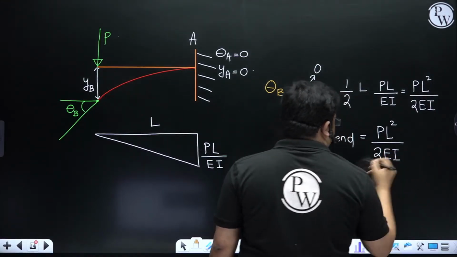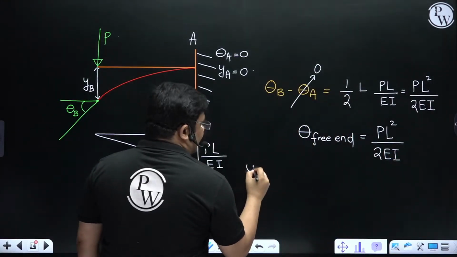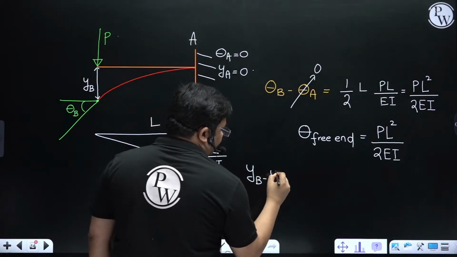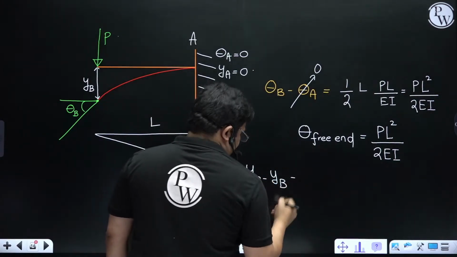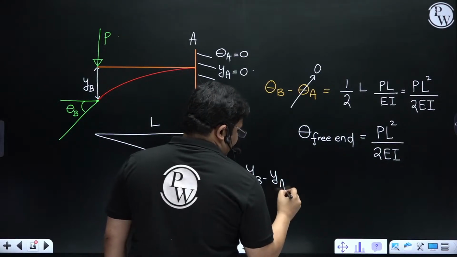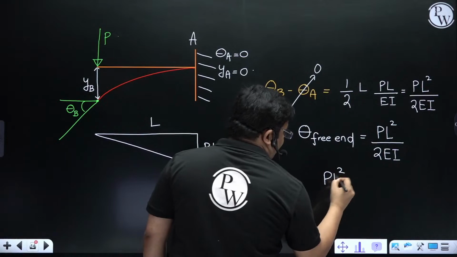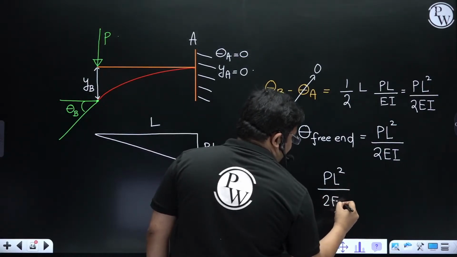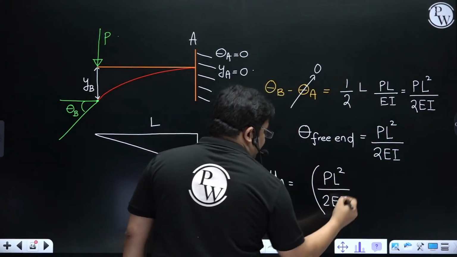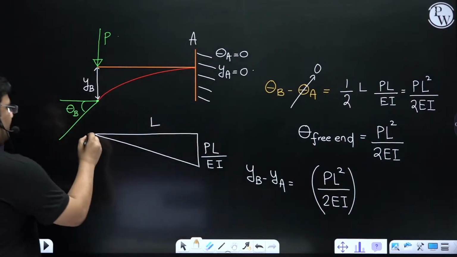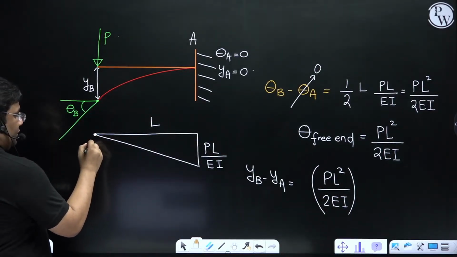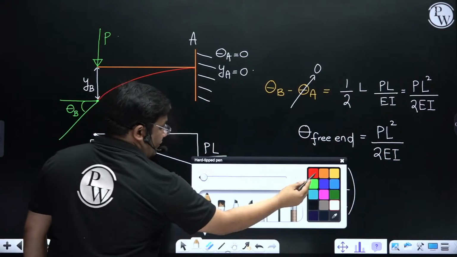Very easy, right? Similarly, if I take the difference of the deflections, this is the moment of the area. The area we got is PL square by 2EI. If I take the moment of this area about point B, first of all I have to take the centroid of this.